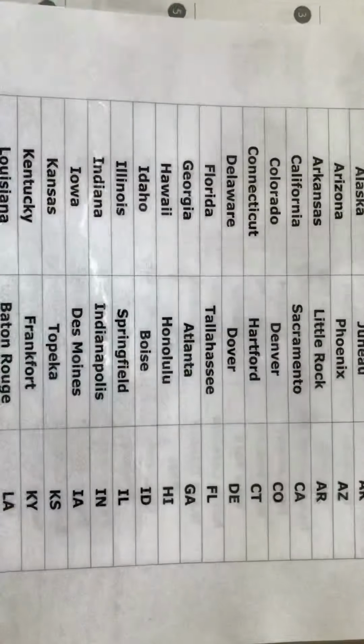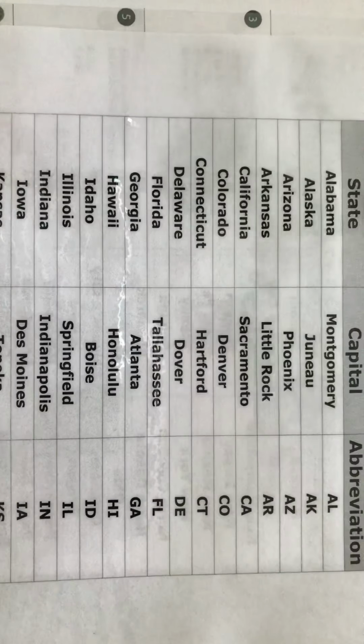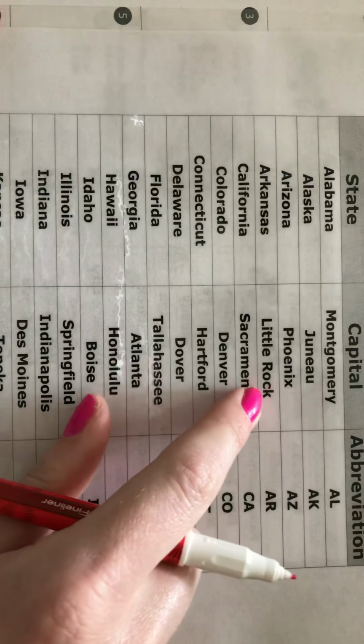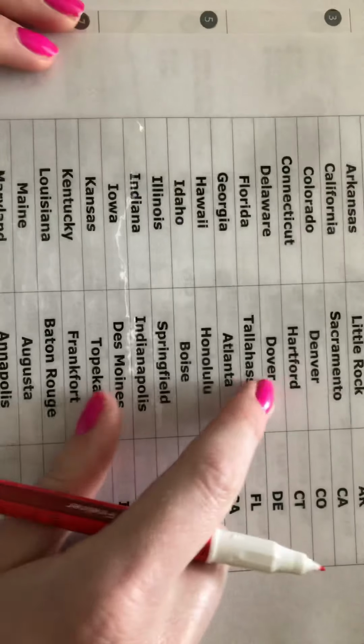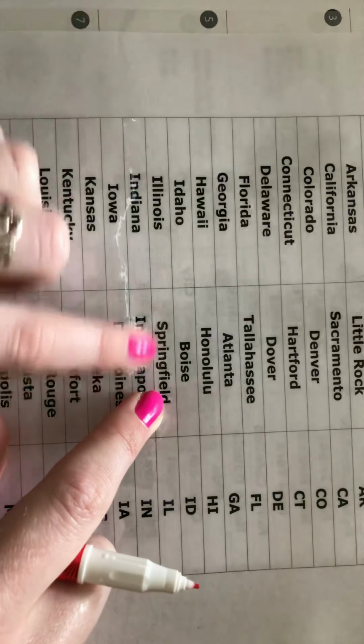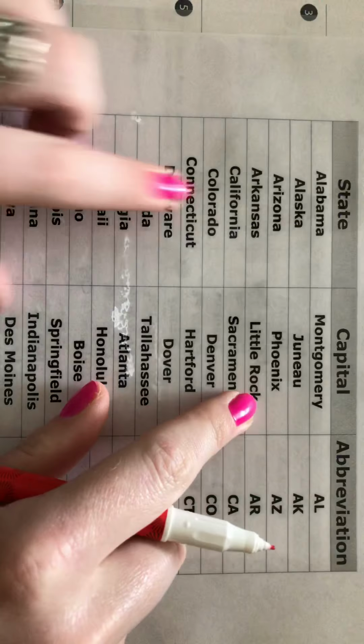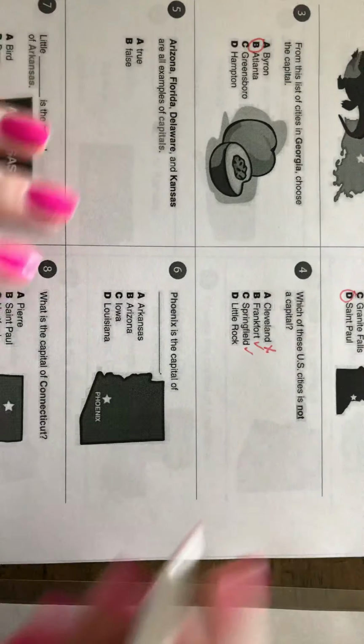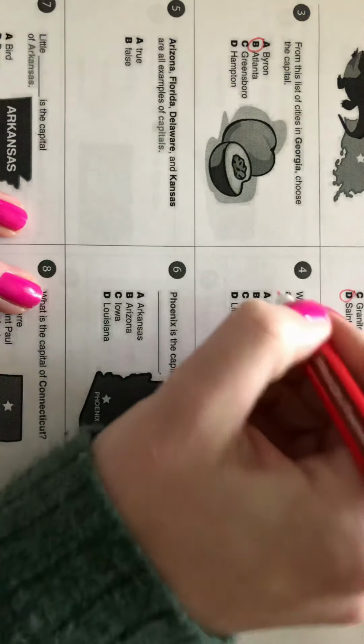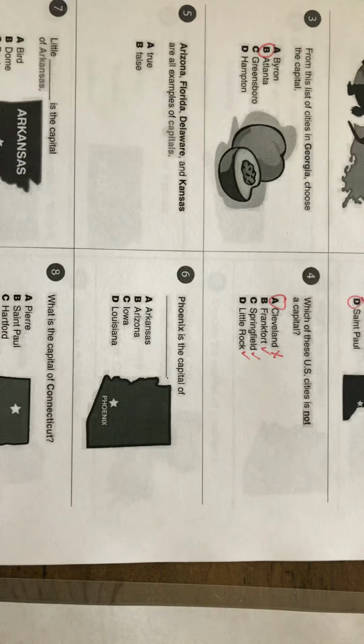Looking for Springfield. I think we talked about that on one of our other pages. There we go, Springfield, Illinois. So that gets a check mark. And Little Rock. And there it is right at the top, Arkansas. Okay, so we had it first. Cleveland is not a capital. It is, however, a very large city in Ohio.